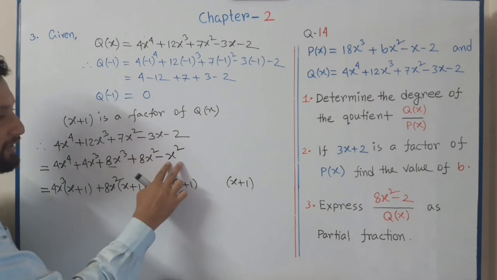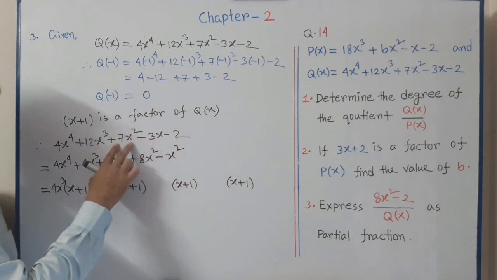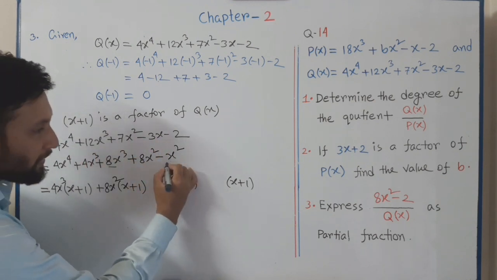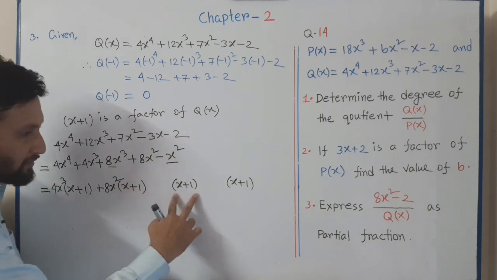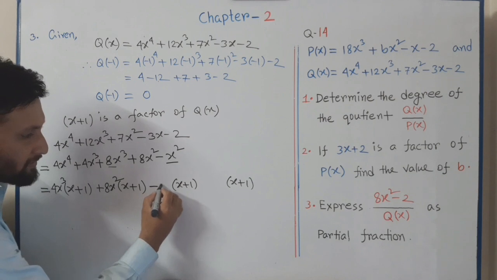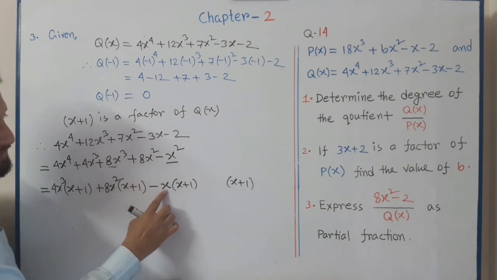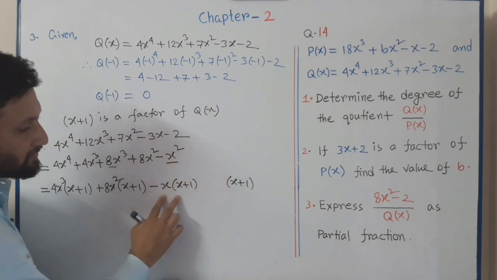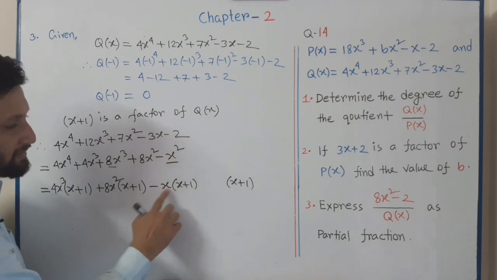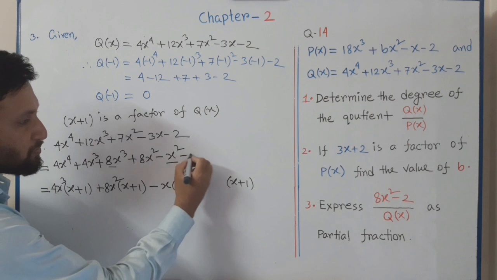So 8x square minus x square means 7x square. Now to get minus x square, we multiply the third factor by minus x. Minus x into x means minus x square, and minus x into 1 means minus x.